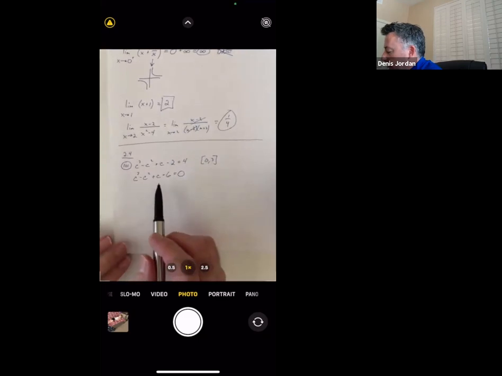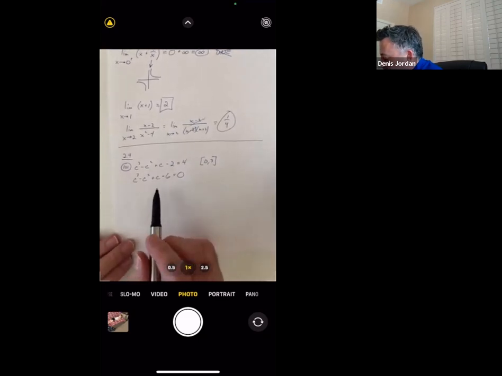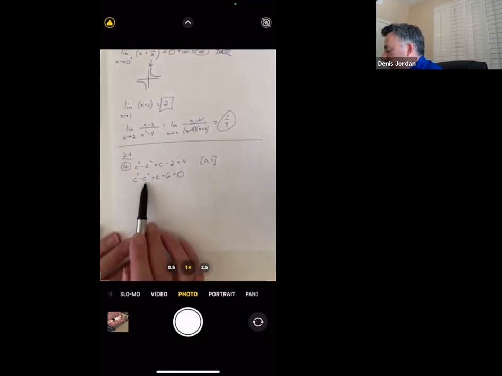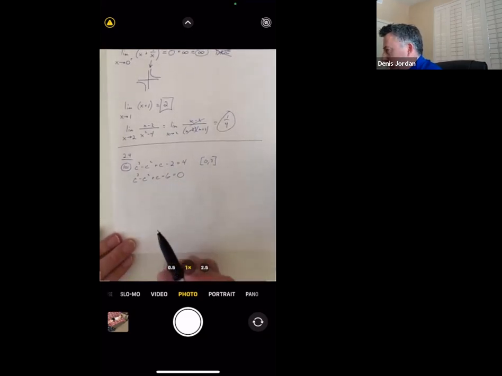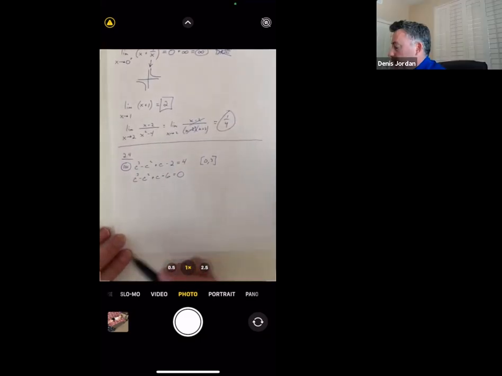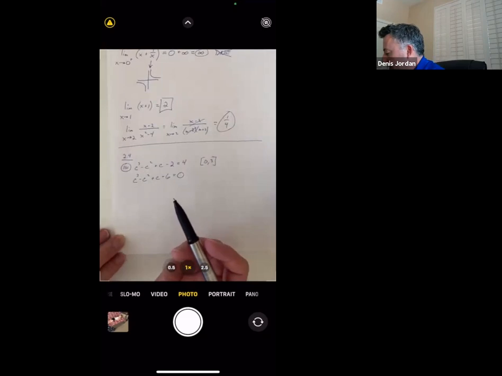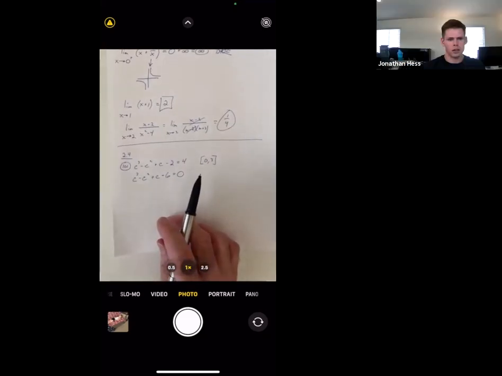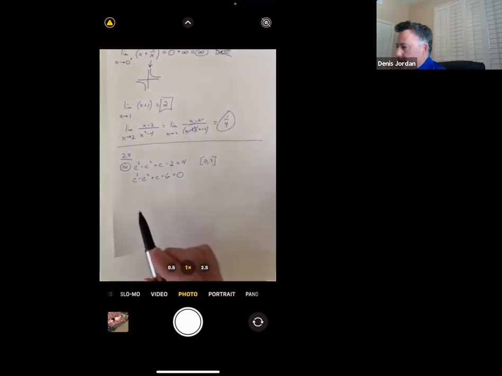The other one that would have been really nice: whenever you have 4 terms like this, factoring by grouping is always a great way to go. But on this one, that didn't work. So your only method is the rational roots theorem and synthetic division.